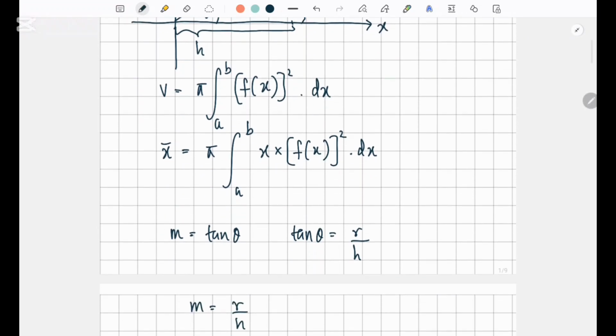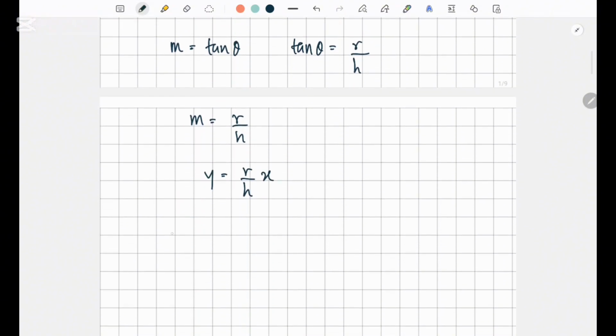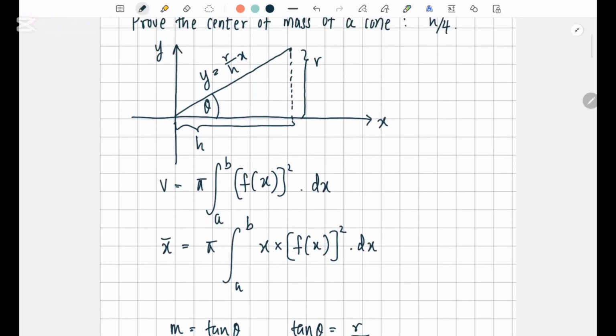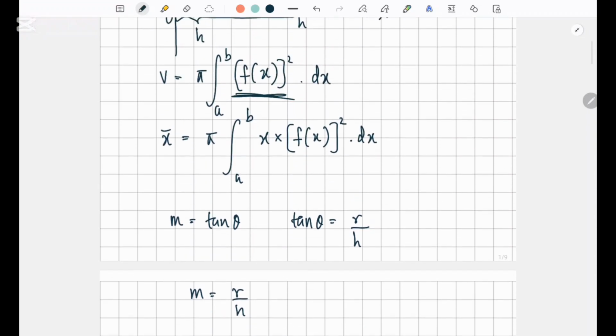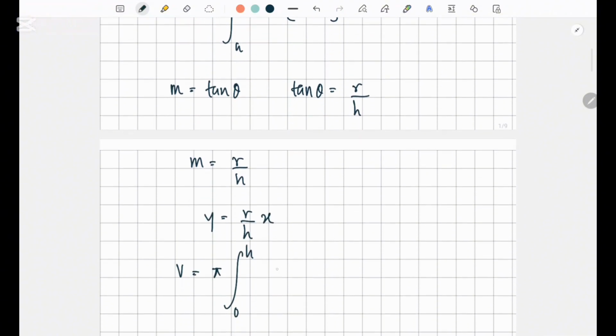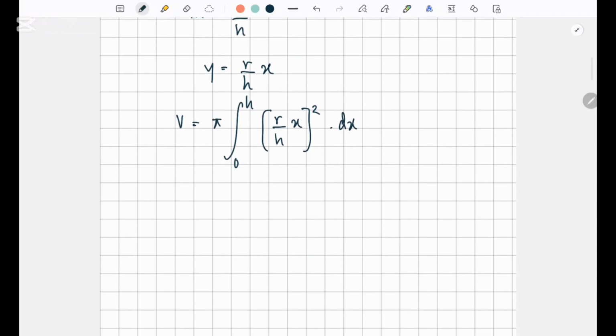Now we know the equation of the line, y equals r over h x. All we have to do is use the formulas to find the center of mass. Let's first find the volume. Volume equals pi into the integration. What are the intervals going to be? Since it's rotated around the x-axis, it's going to be 0 to h, right? And f(x) squared is (r over h x) squared dx. Now r and h are constants, so you can take them out after you expand the brackets.